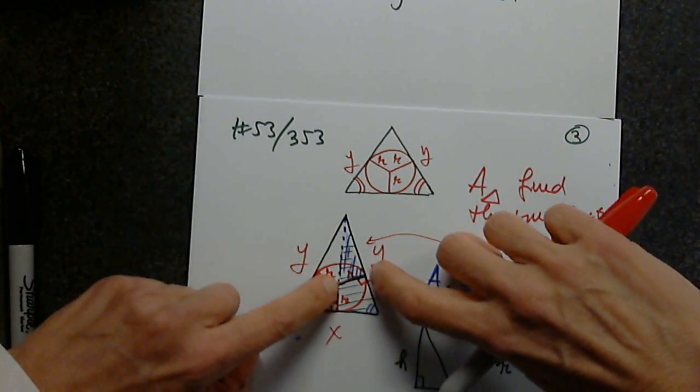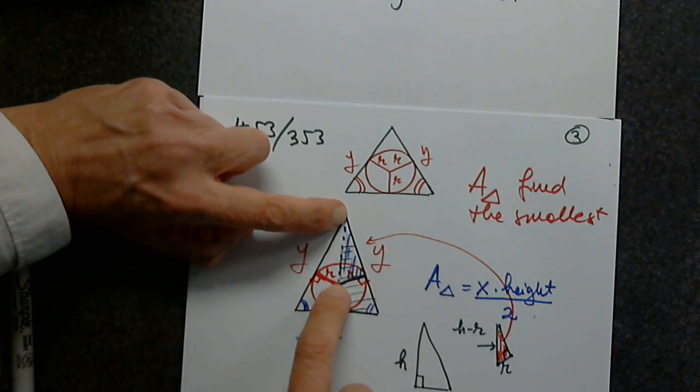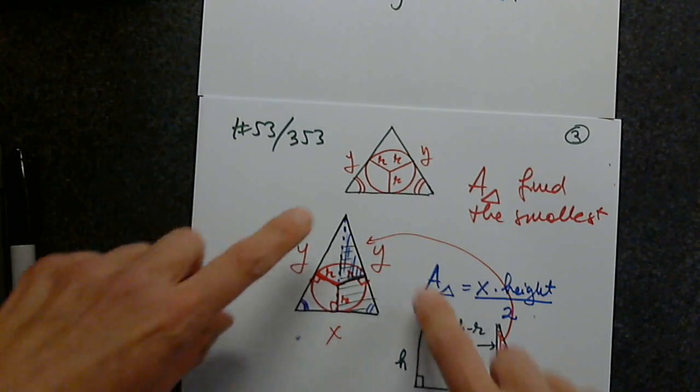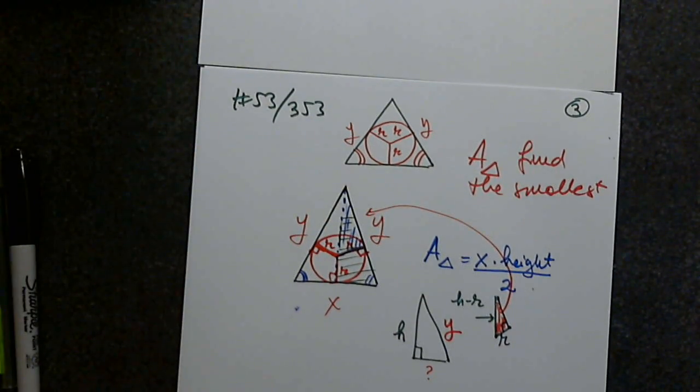Then this is r, and this piece is the height minus r. Now in the big triangle, I have this whole thing, which is y, and this is what I don't know. We'll see in a moment if we need it. I hope I don't. So far so good?